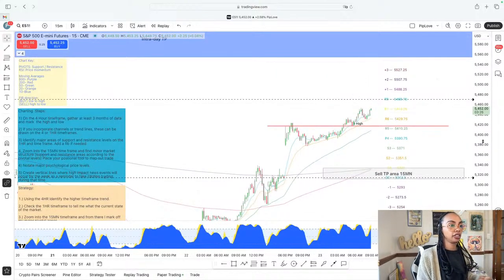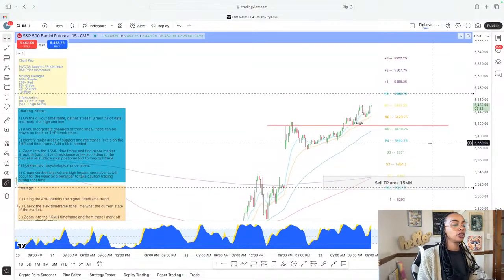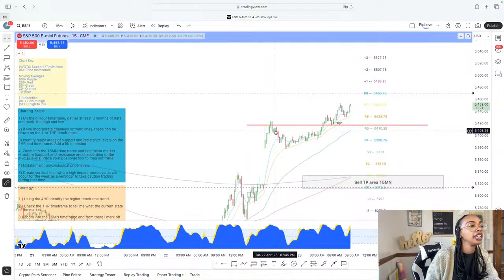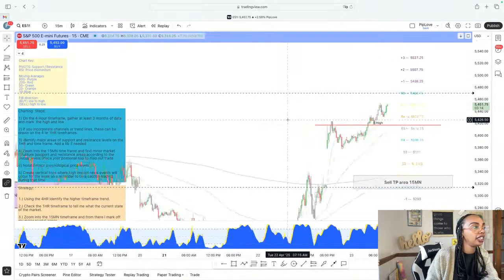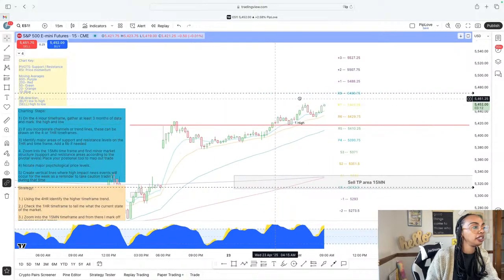Okay, perfect. Yes, I can. So right now we are in a buy. We're making higher highs and we're making higher lows. This was our previous high here. Let me zoom in. We're on the 15-minute.